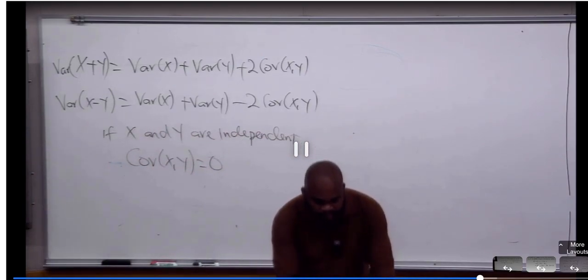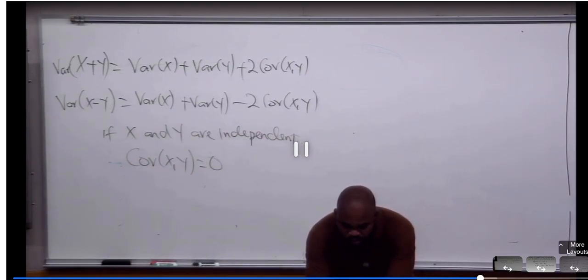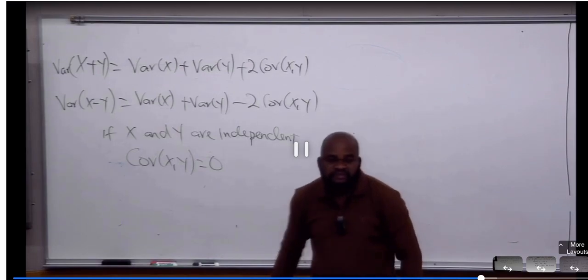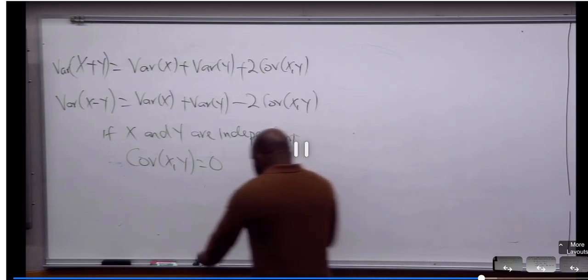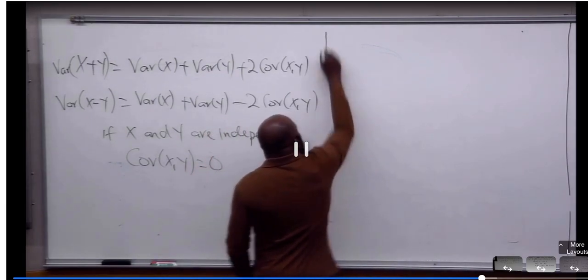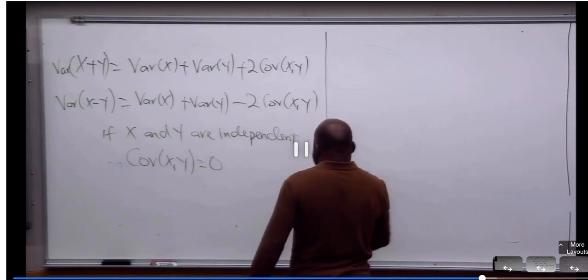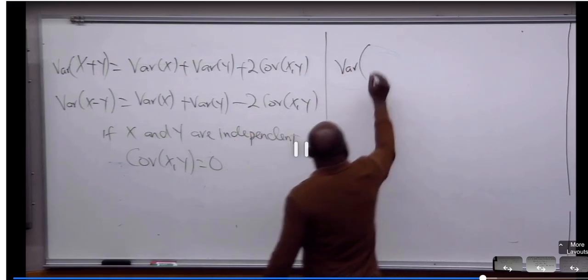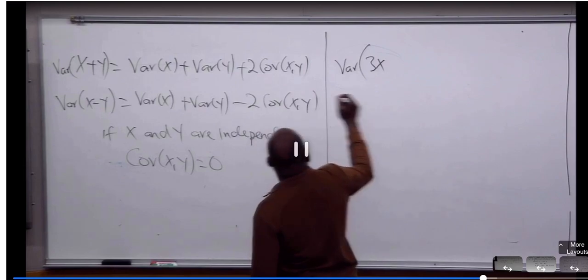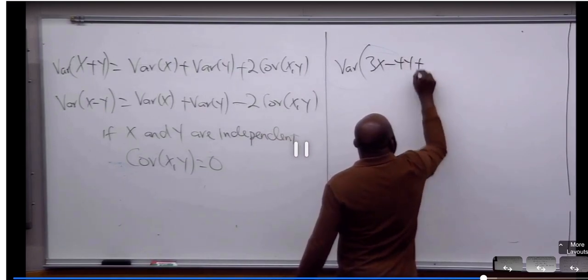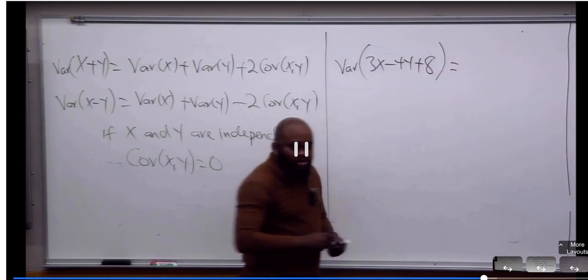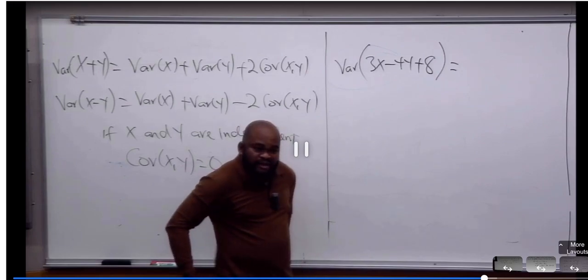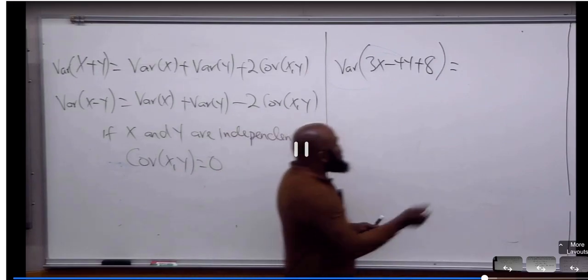Okay, now let's take a look at this question. They want you to find the variance of this. The variance of 3X, minus 4Y plus 8. Now I need you to pay attention to what I want to do right now.